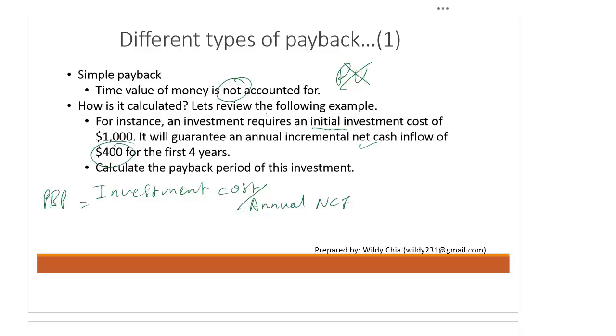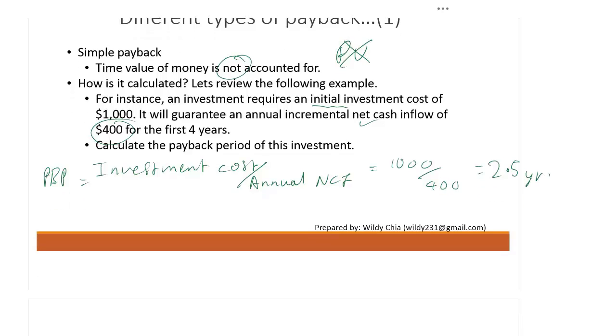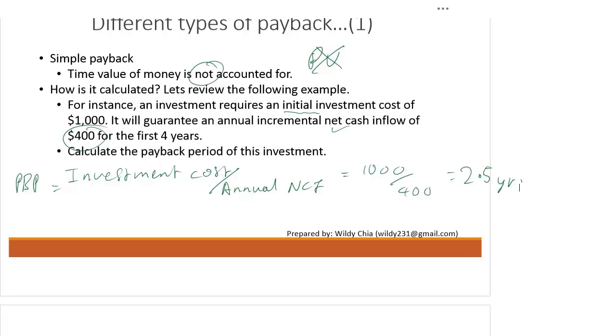That would give you 1,000 divided by 400, which comes out to be 2.5 years. Now 2.5 years means that this investment will require you to operate for 2.5 years before you get back all of your investment costs. Now the question is, would that be a good payback?